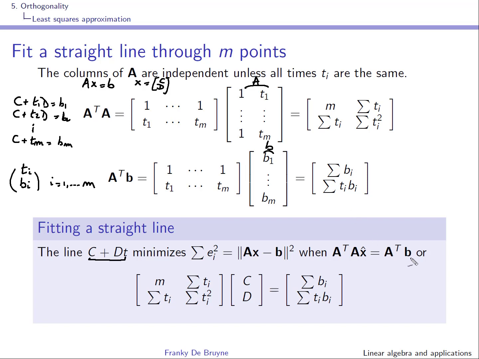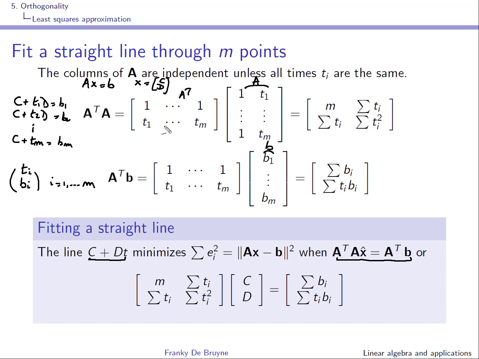Now we can write this system of equations and find the least squares estimate, c hat and d hat. So this is A transpose A. A transpose A is very easy to compute. A vector of ones times a scalar product with another vector of ones will give me m. The first line times the second column of A will give me the sum of the ti's. Same thing for this element over here.